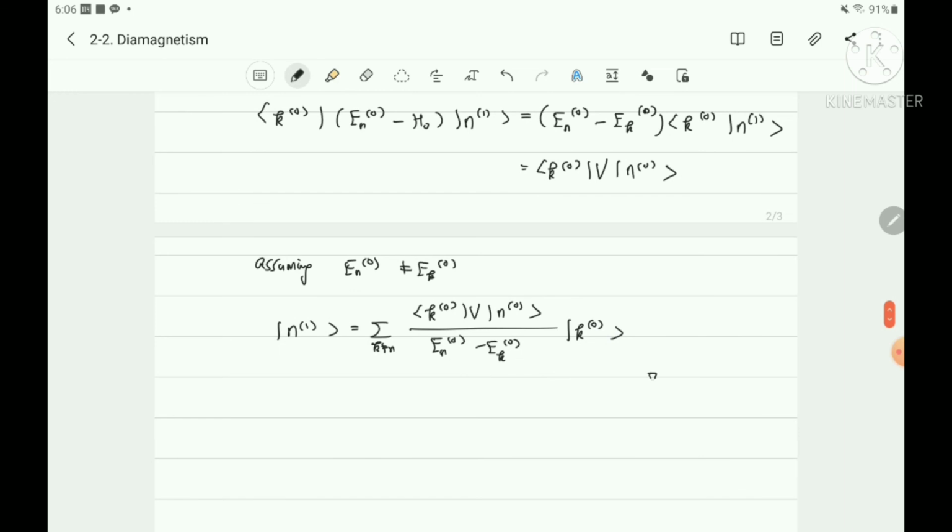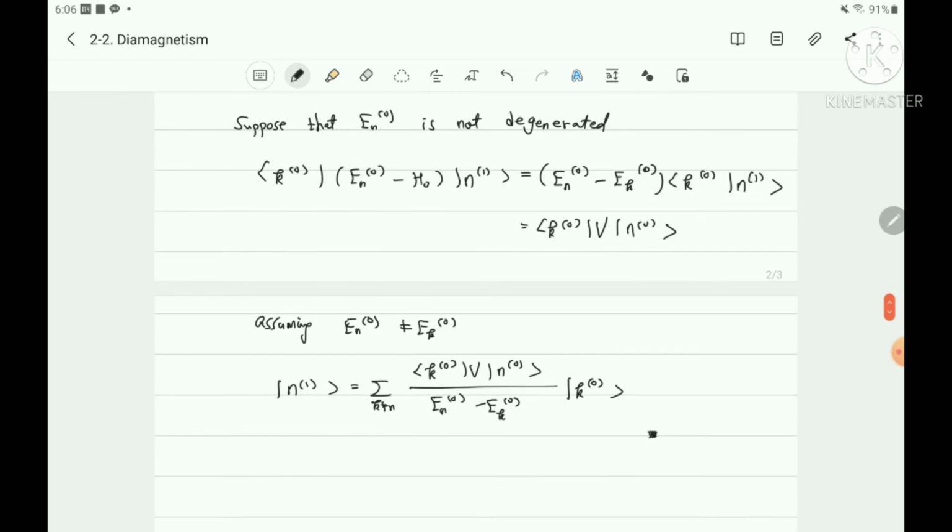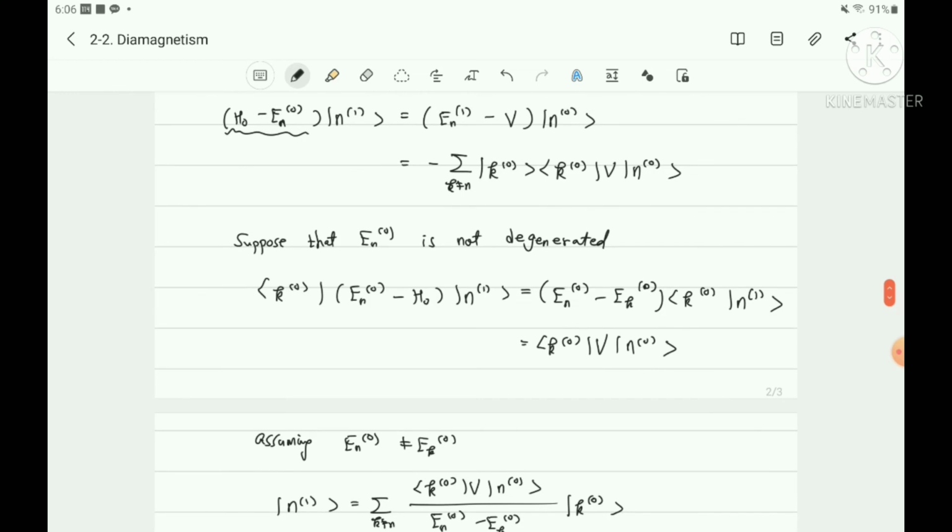Therefore, it is the first order eigenstate, and also the first energy.